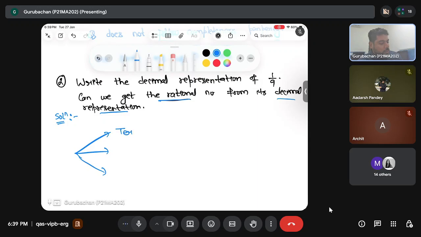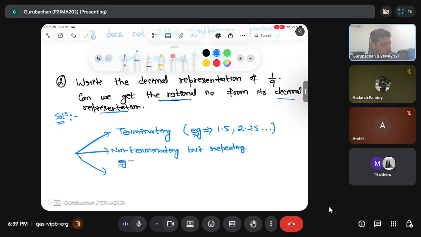So there are three kinds of decimal representation. One is terminating. Terminating means, for example, 1.5, 2.25 and so on. Next is non-terminating but repeating.